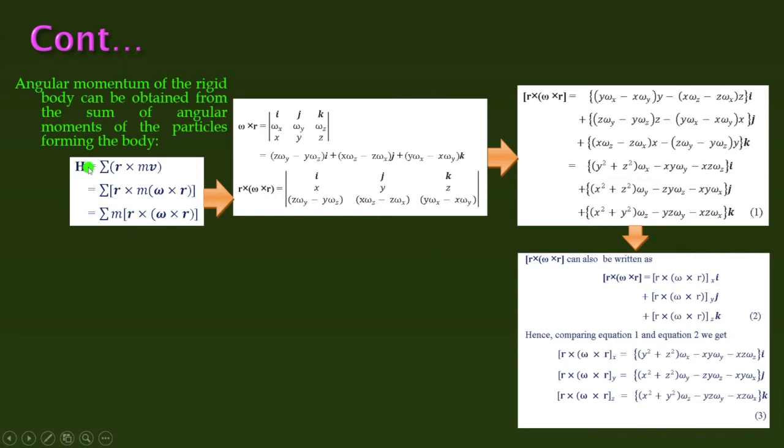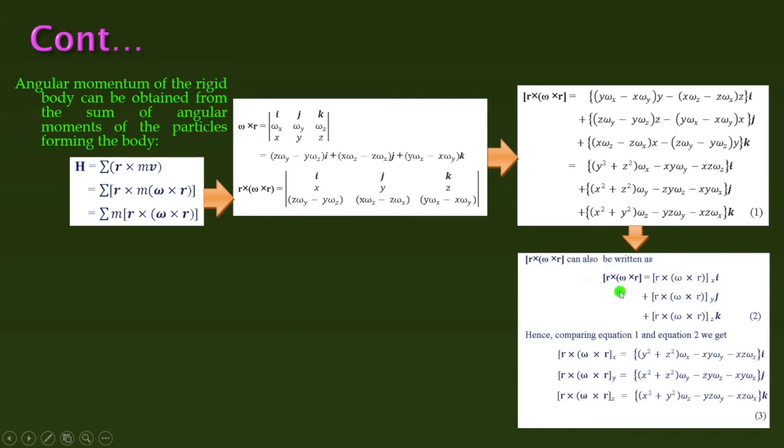Again, see here, capital H is the total angular momentum, summation of m into r cross omega cross r. Now, r cross omega cross r is a vector, so we can write this vector with unit vectors along the x, y and z axes, i, j, k, as this plus this plus this. Now substitute this value, compare equation 1: here is the equation for r cross omega cross r.